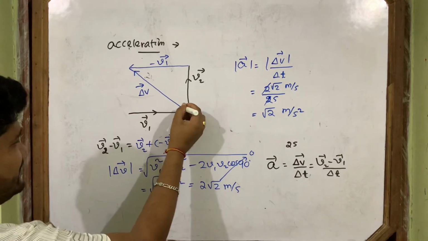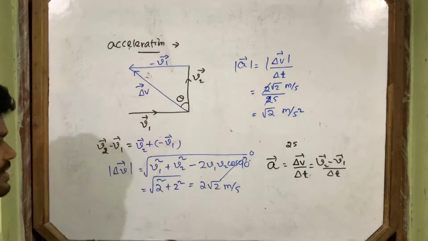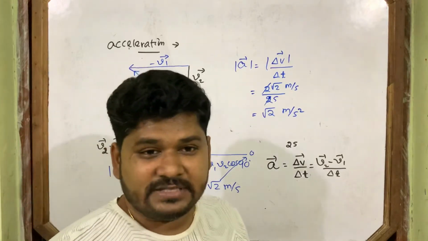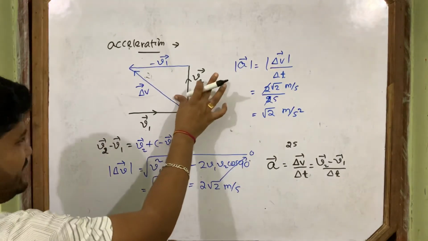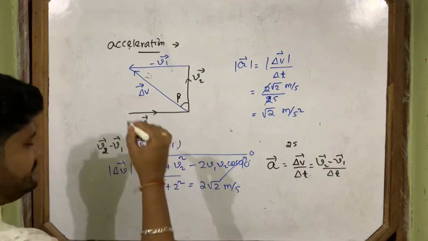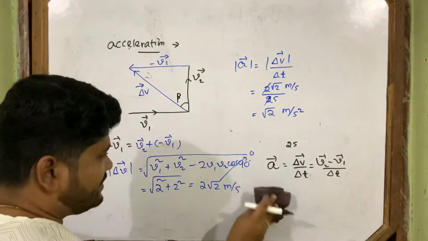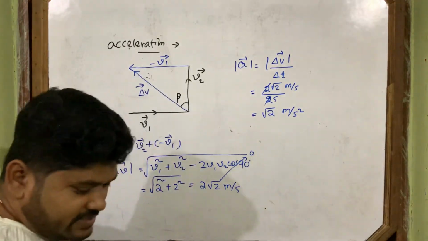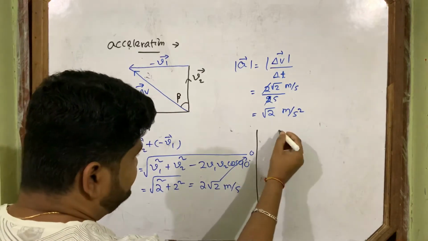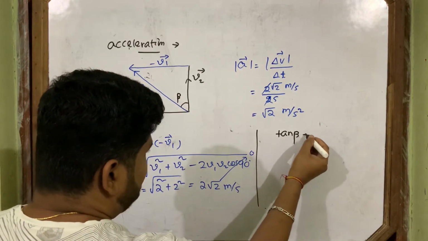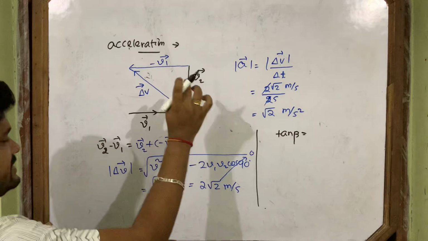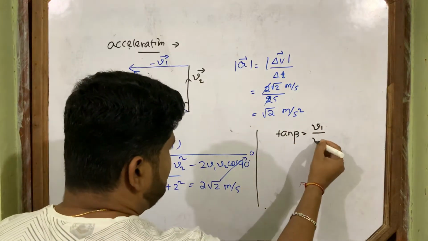In this direction you can find the angle from here. For the direction of acceleration, if you write beta, okay, no problem. You see, tan beta is equal to this by this, V1 by V2.